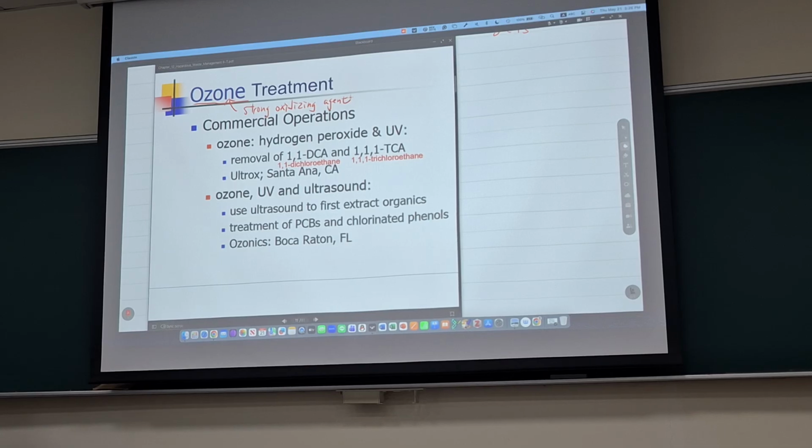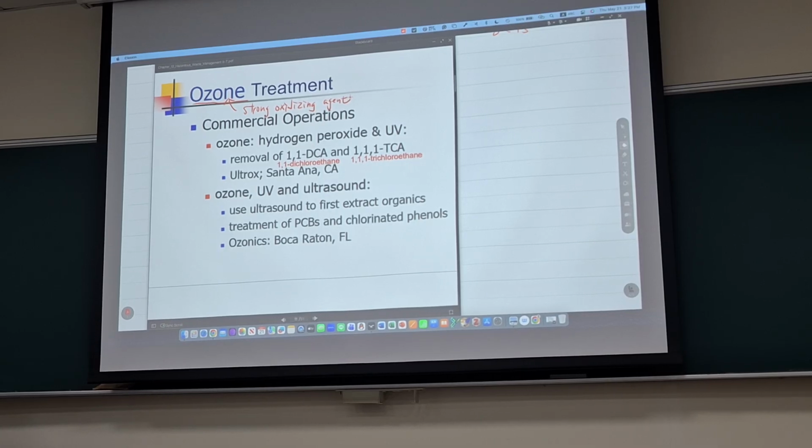It can be combined with hydrogen peroxide, UV light, even ultrasonics. These combinations will produce very strong oxidation reactions.